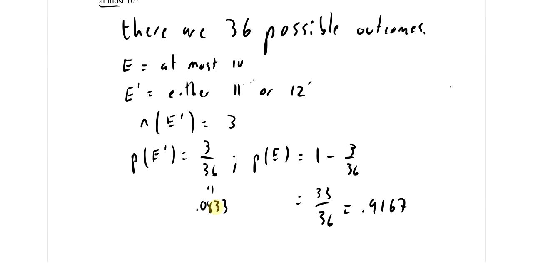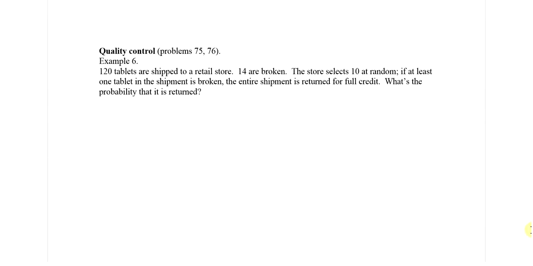So complements are useful. They can shortcut the time it takes to calculate a lot of things. Usually if you see at most or at least, that's a tip-off that you might be dealing with a complement problem.